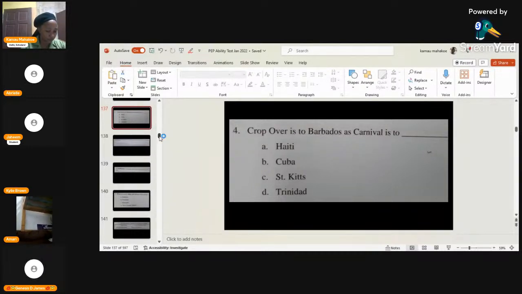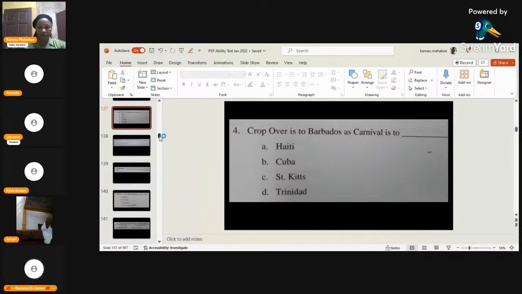Question four. Crop Over is to Barbados as Carnival is to: A, Haiti; B, Cuba; C, Saint Kitts; D, Trinidad.